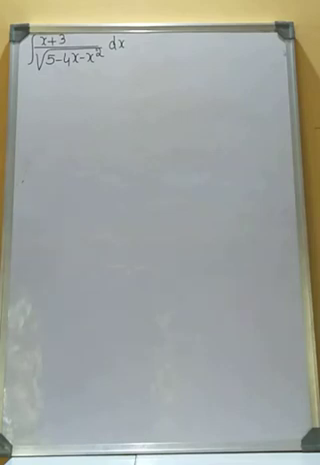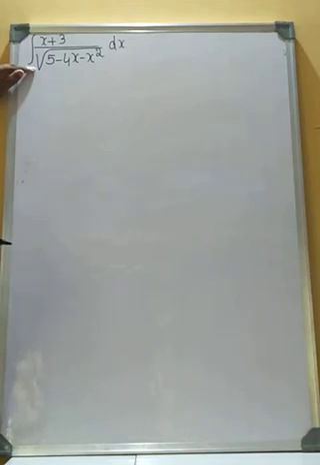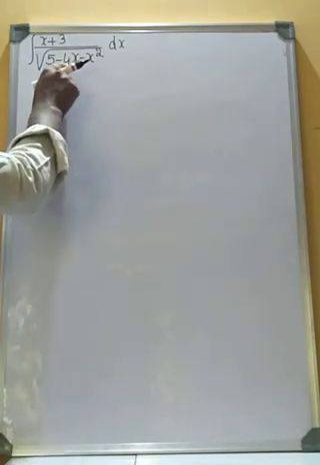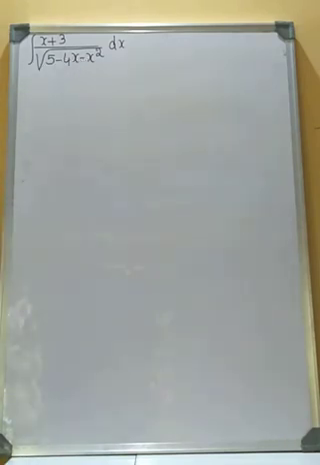So this is of the form integral of px plus q. Here p is 1 and q is 3, divided by root of 5 minus 4x minus x square. Here a is minus 1, b is minus 4 and c is plus 5. Find the integral of this function.